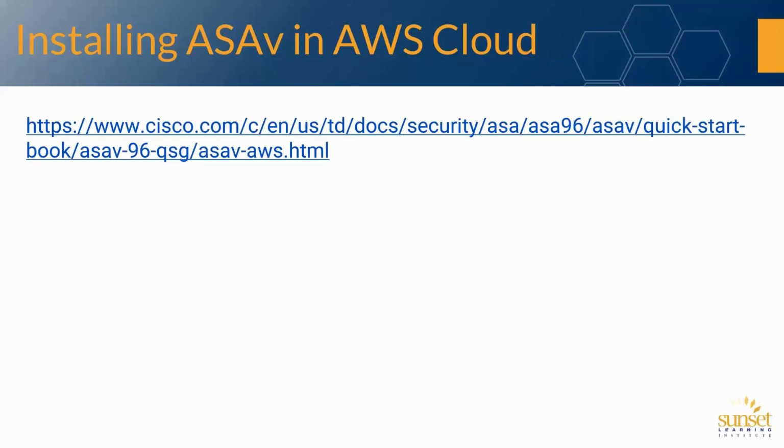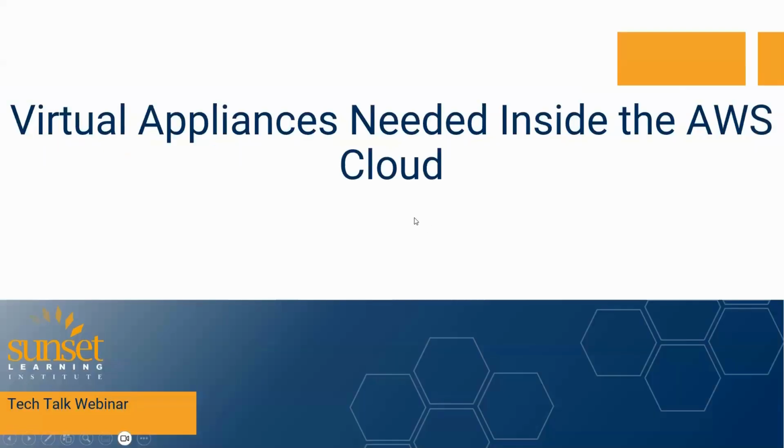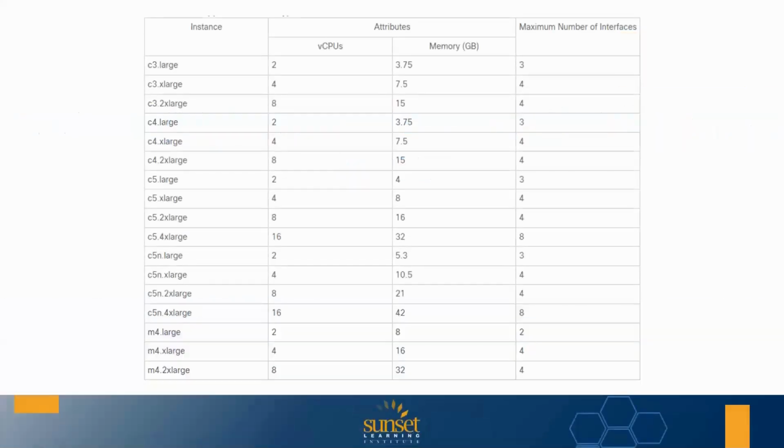Okay, let me move this out of the way here, folks. So many windows. All right, so as I mentioned before, we have a couple of different installation options for the ASAv inside of the AWS cloud. This is the 2023 version of the table that you just saw in my little diagram there.